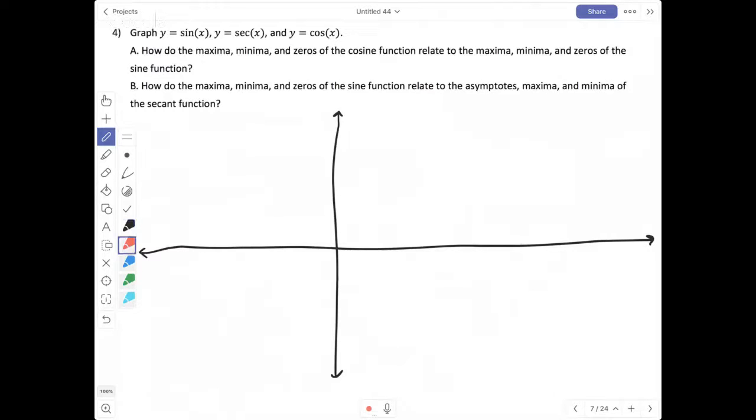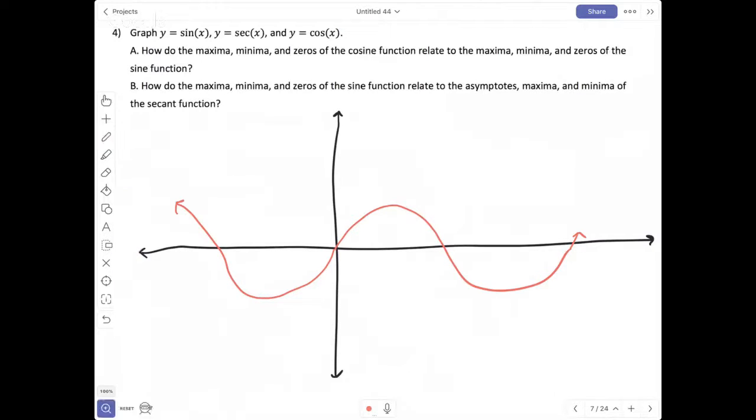So we're going to do sine of x in red. So the sine curve goes up and down, something like that, and then down and up, something like that. Beautiful.